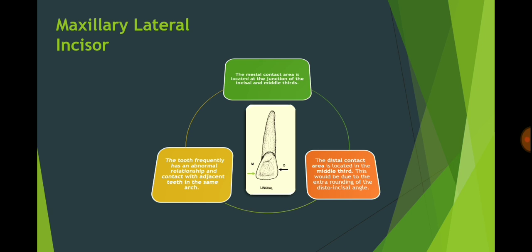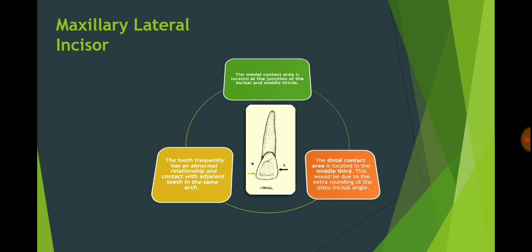Okay, so mesial contact, remember to memorize. You don't really have to memorize everything, just have to know the principles of the contact areas. But it's very important for your exam, okay. So mesial contact area of the maxillary lateral incisor is at the junction of incisor and middle third, and the distal is going to be at the middle third, okay.